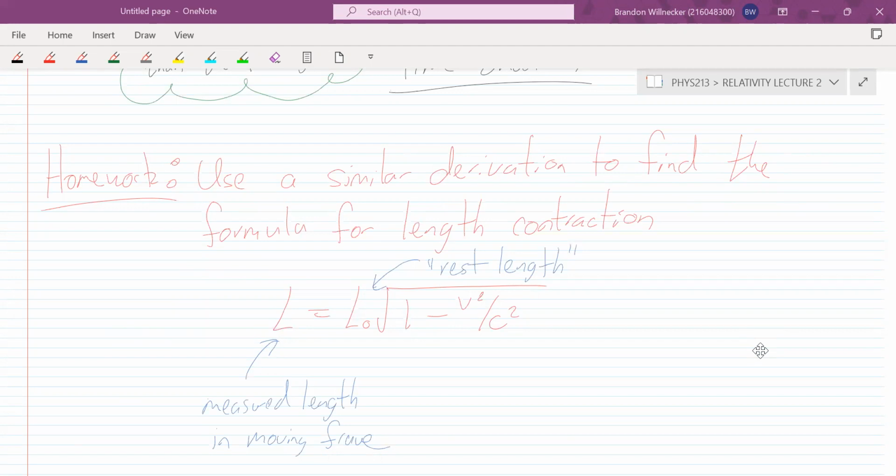But I don't like that concept of rest mass. So your mass if you're still and your mass if you're moving should be the same. There is actually something else that you're measuring where your mass is increasing, in quotation marks. For rest length, that's fine, because you're at rest with this thing. However, when we get onto mass and so on, I'm going to do it a bit differently to what the past lecturer did, so keep that in mind.